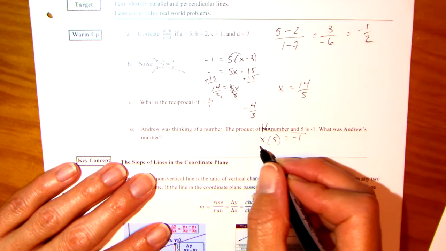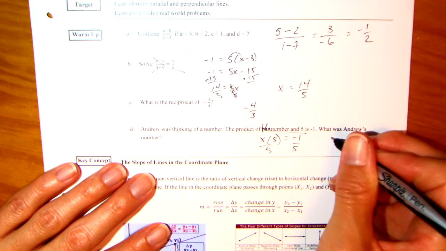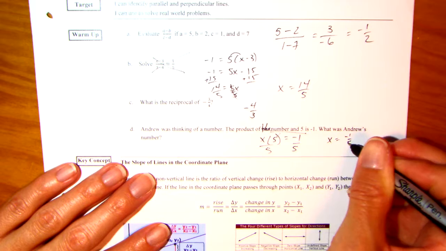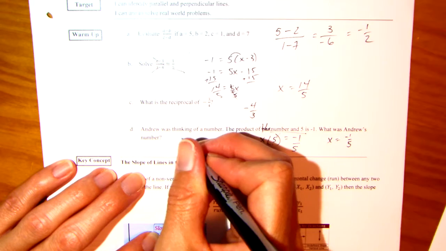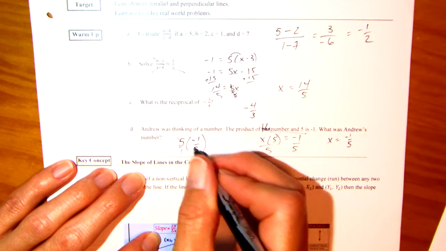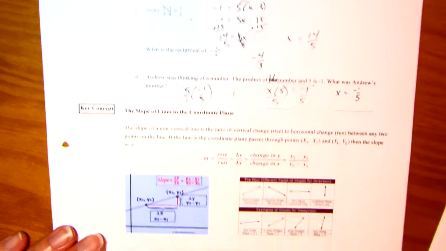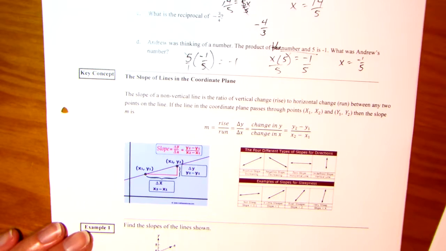So to get x by itself, divide by 5. You're going to get x is equal to negative 1/5. So think about it. 5 times a negative 1/5. What will those 5s do? Cancel, you get negative 1. Okay? Gotta be careful with my reading and typing.